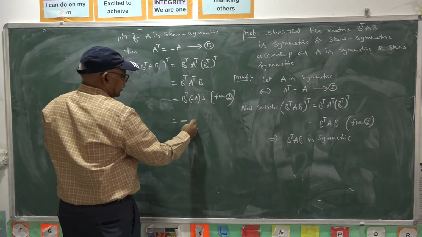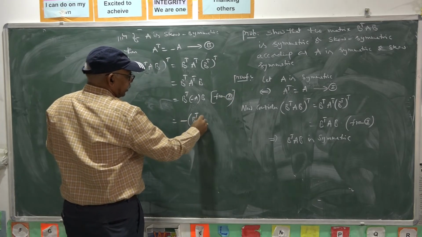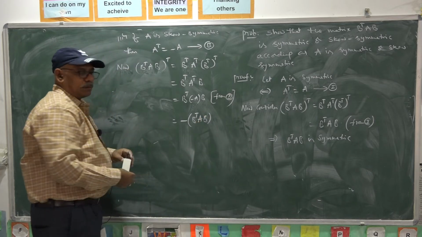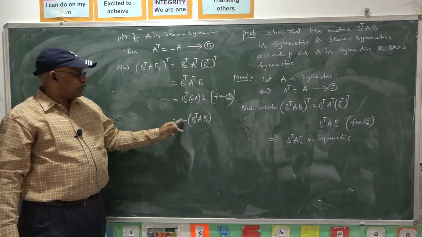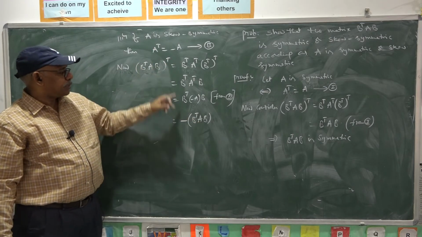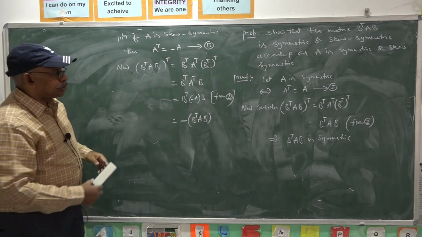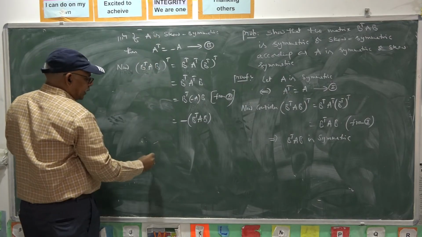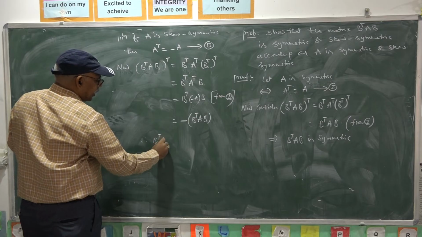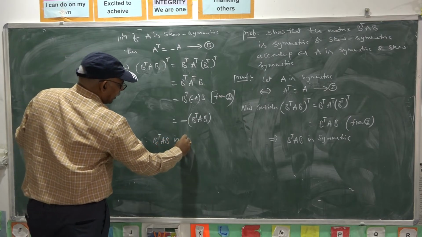That is minus of B transpose AB. Once you consider this matrix as X, X transpose is minus X here. X transpose is minus X whenever A is skew symmetric. So therefore, once A is skew symmetric, B transpose AB is skew symmetric.